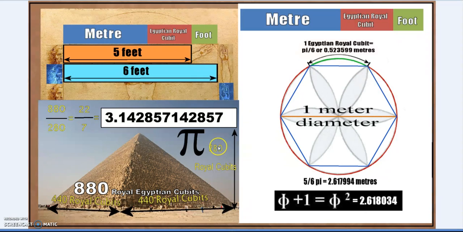The height of a pyramid is 280 Egyptian raw cubits. So 880 divided by 280, you can reduce that to 22 over 7, which is one of the best whole number approximations of pi, 3.142857142857. In modern engineering terms, if you were to get a building at 22 over 7, you'd be doing extraordinarily well.